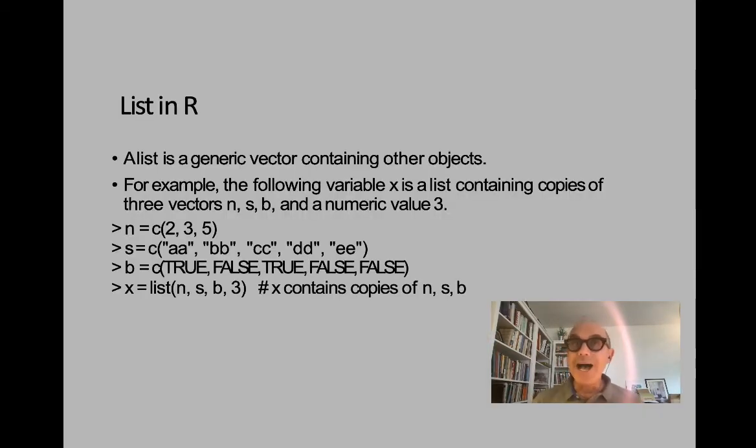Another way for us to store data in R is a list. As you can see, the c is a container that holds a list of values, index values, true, false, and so on.